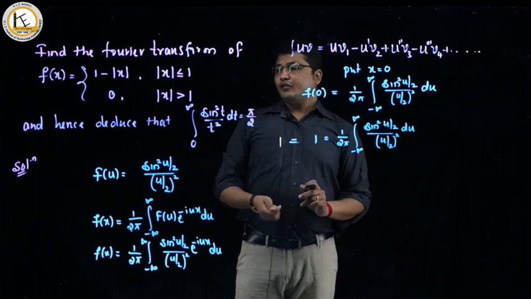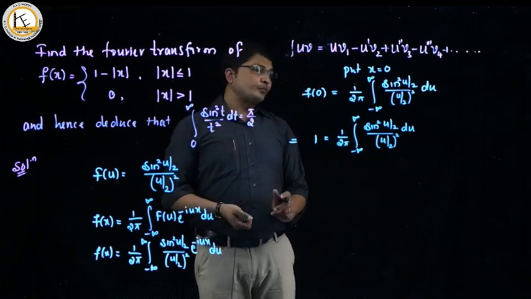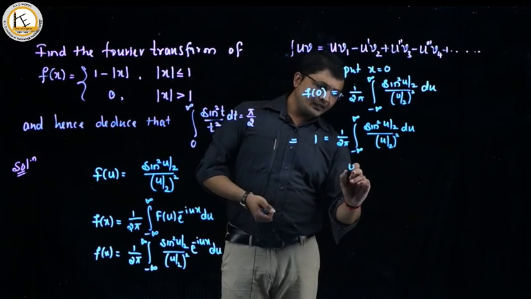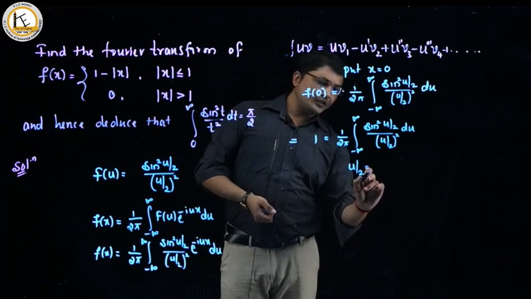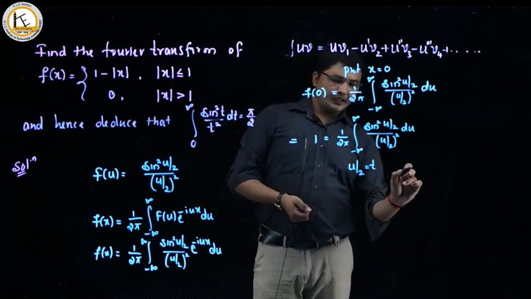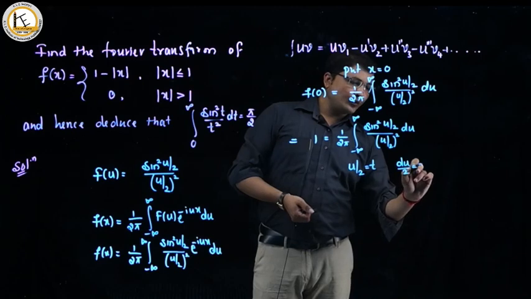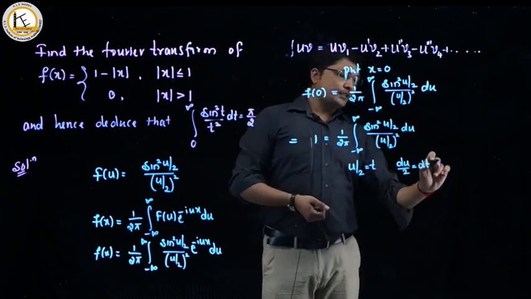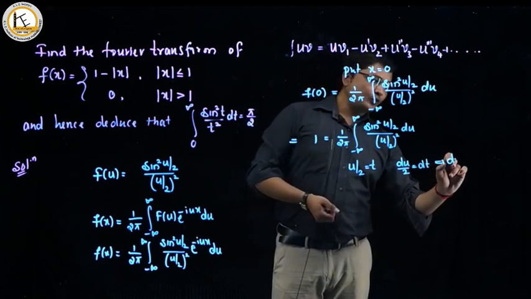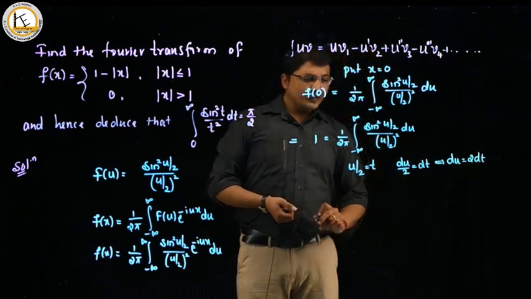Now we need to reduce this integral into this form. Therefore I am going to take the substitution u by 2 is equal to t, and differentiating with respect to t, we have du by 2 is equal to dt, that is, du is equal to 2 times dt.